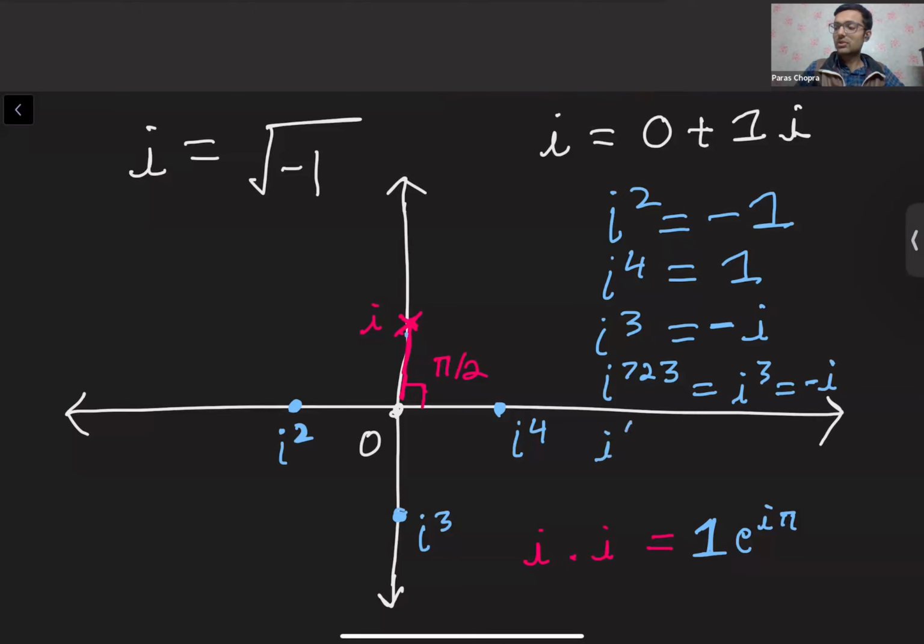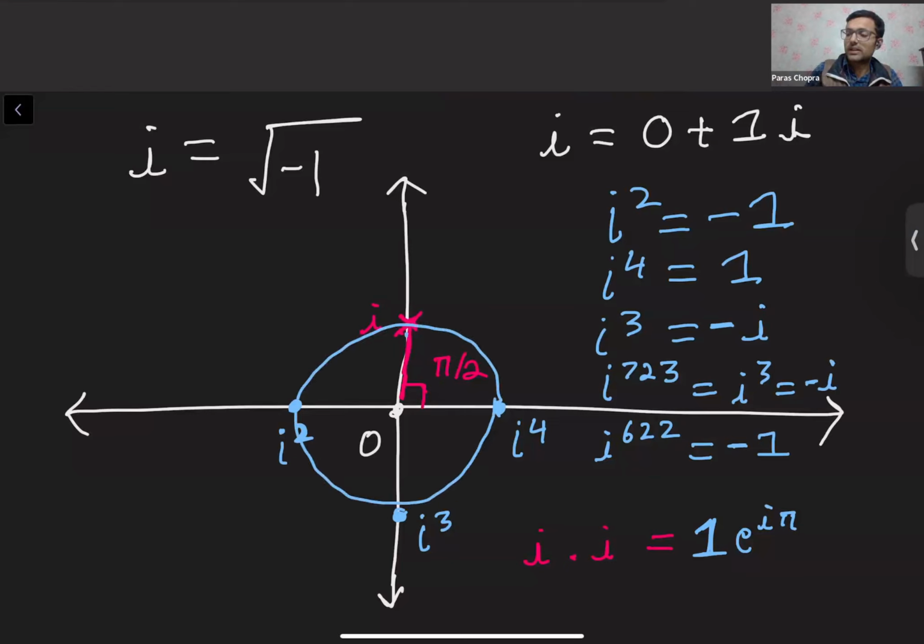What is iota to the power 622? So like that you can proceed. So बस ये इसी सर्कल पर घूमता रहेगा, घूमता रहेगा.